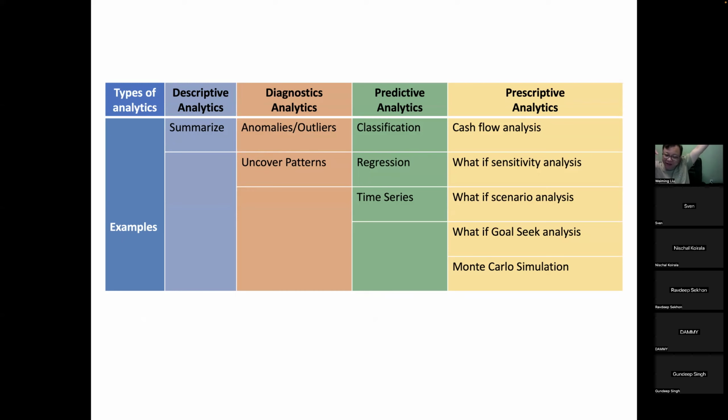But be careful that you could have those associations, but that's not necessarily causal relationship. Okay, and time series we've seen, right, based on the historical pattern, we can predict the future. And for prescriptive analysis, I have just shown you a what if goal-seek analysis. When you have time, you could spend more time on Excel to learn about it.